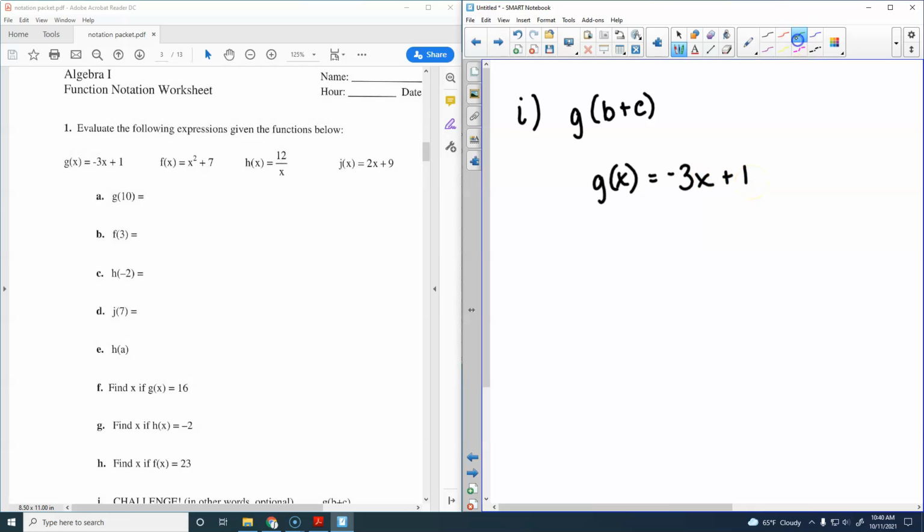So when I see g of b plus c, this is telling me that x equals b plus c, and that I need to plug it in right here where that x is. So it would look like this. g of b plus c would be -3 times b plus c.